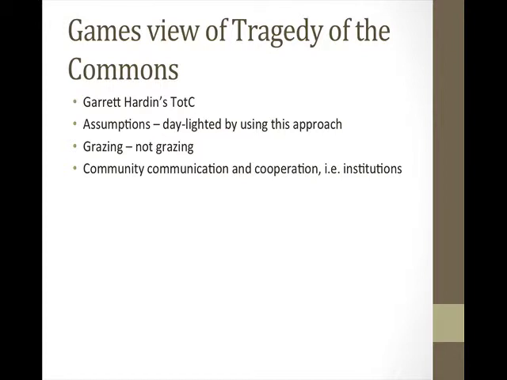Okay, so in the reading and then in the videos, they're going to address this idea that you could look at the tragedy of the commons as a games view. The tragedy of the commons was a landmark paper written by Garrett Hardin. By doing this, we're going to daylight the assumptions that are built into the tragedy of the commons conclusion.